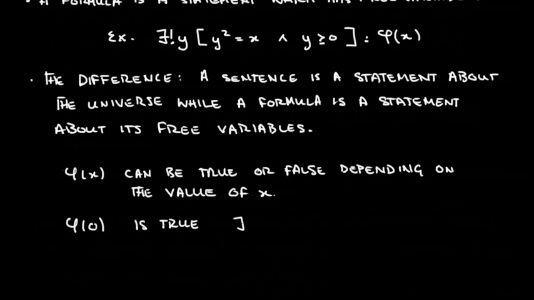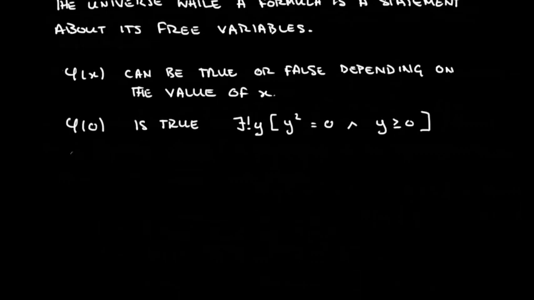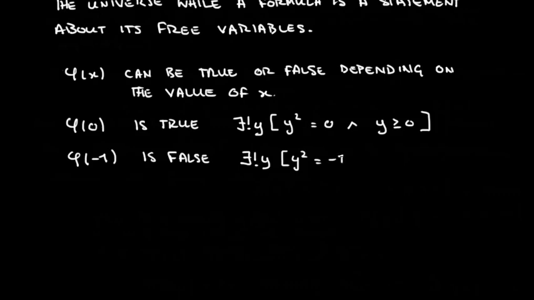So this would be saying that there exists a unique y such that y squared is equal to 0, and y is greater or equal to 0, like so. However, if we take phi of minus 1, this is false. So the statement, there exists a unique y such that y squared is equal to minus 1 and y is greater or equal to 0, this is false.